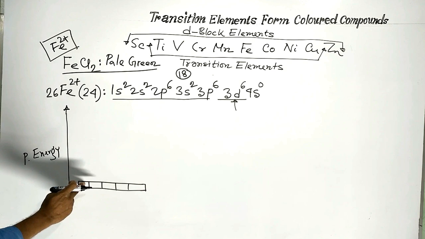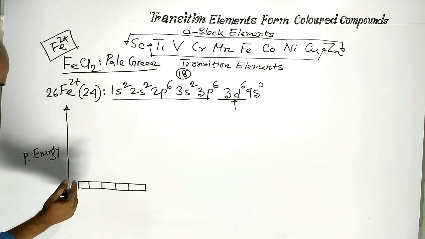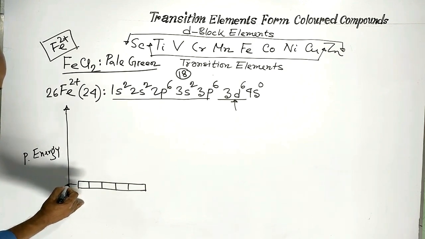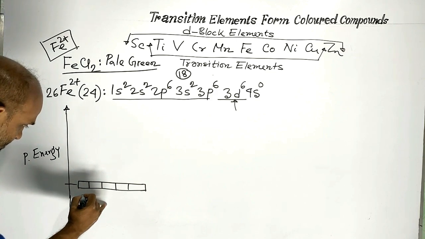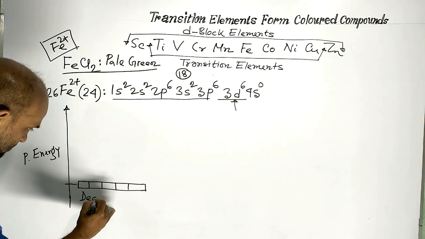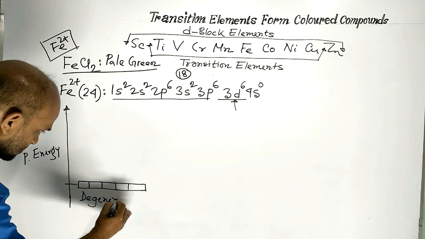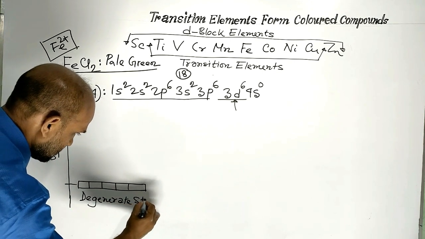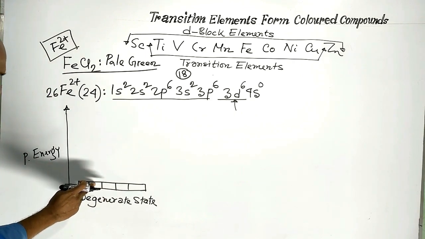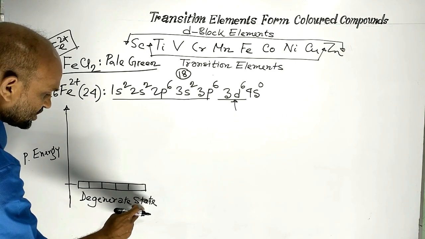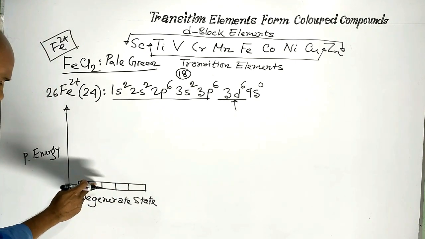Here these 5 d orbitals are of the same energy. Orbitals with the same energy, this state of being same energy is called the degenerate state of orbitals. Here, this is the degenerate state of d orbitals.